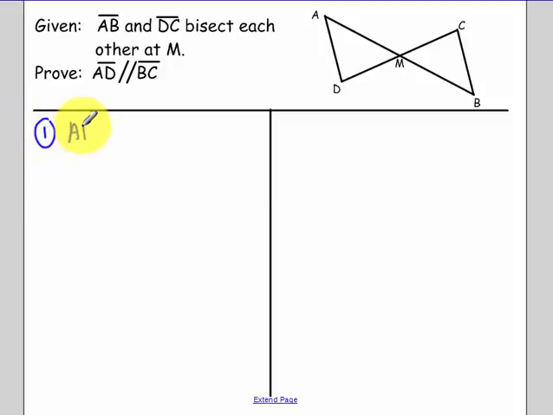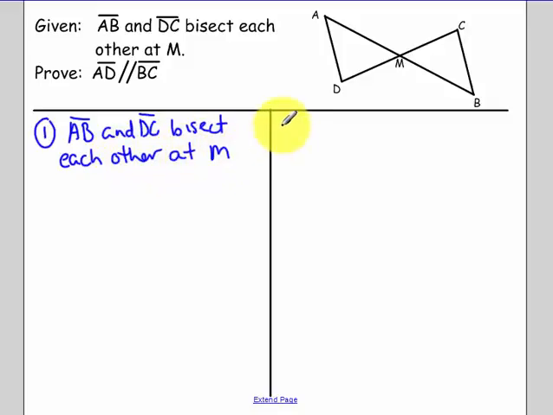First, we're given AB and DC bisect each other. And we're given that. So now, again, we're trying to prove AD is parallel to CB.